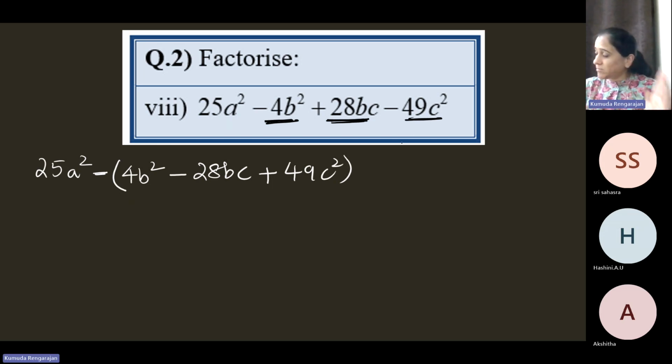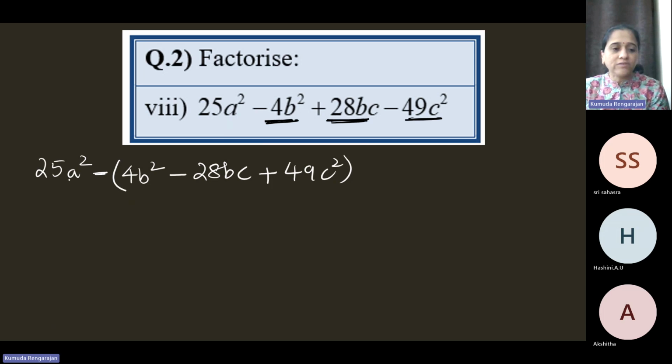Supposing there was a plus sign outside the bracket, we'll be writing the terms with the same sign. Minus, so the terms will come inside the bracket with their opposite signs. This is the first step.